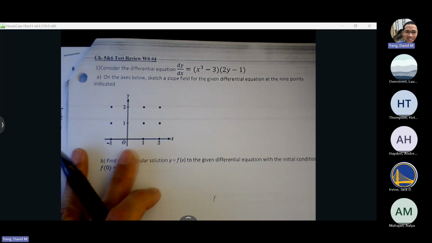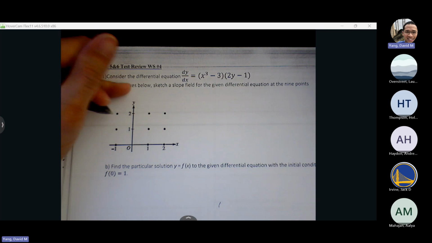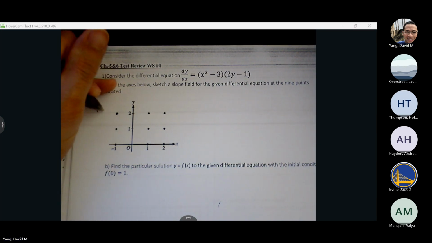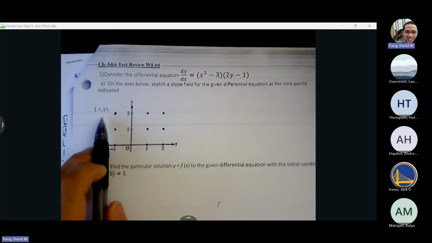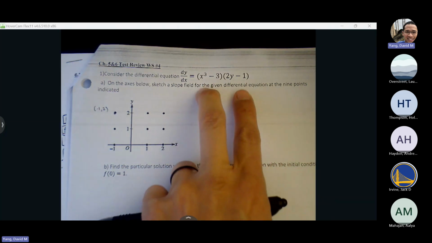So we're going to start off by just filling in the slope field. I'm going to identify the location of each ordered pair, and I'm going to plug -1, 2 into my derivative equation.